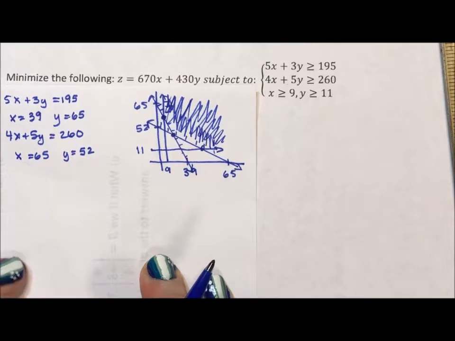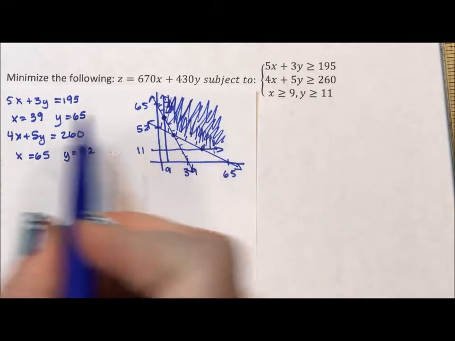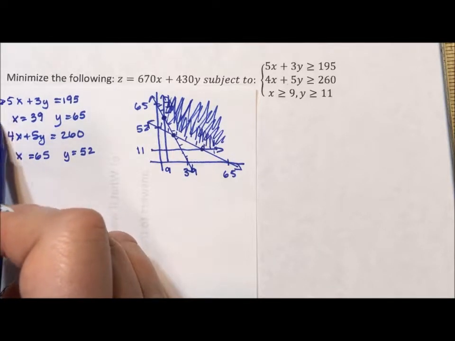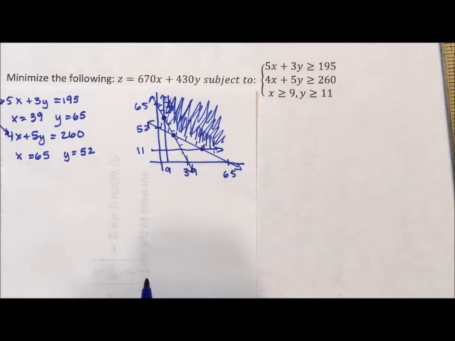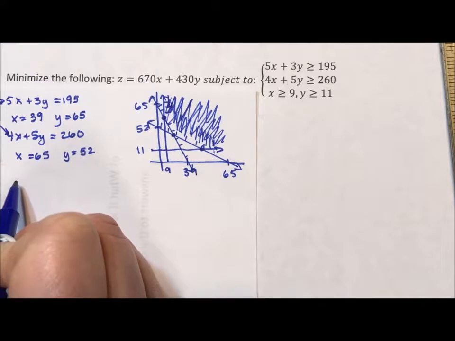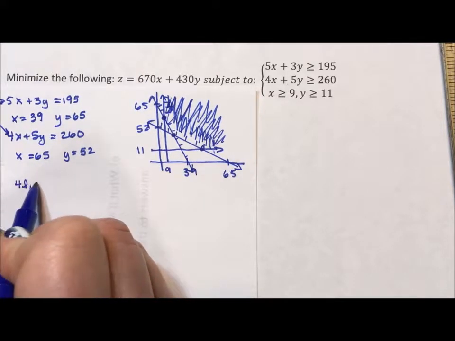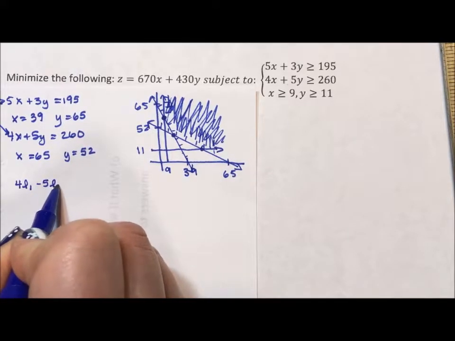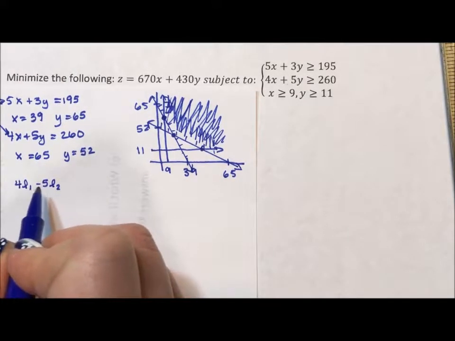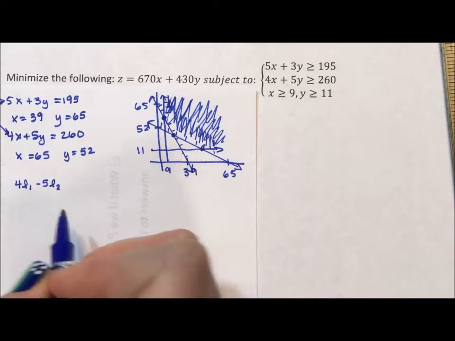So I need to figure out what those intersection points are. I'm going to start with the hard one. The hard one is where these two lines intersect. To figure out where those two lines intersect, I have to solve the system of equations. So I'm going to say 4 times the first line minus 5 times the second line. When I do a subtraction, I always multiply through by the negative. I find that that makes it simpler to add everything and get the right answer.